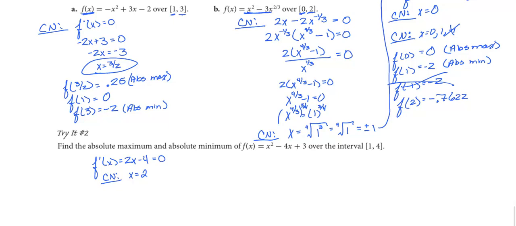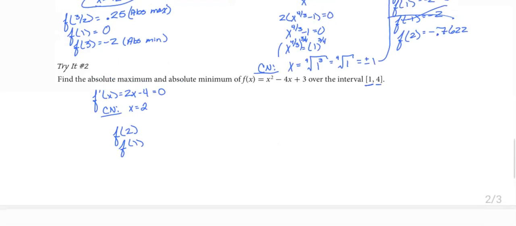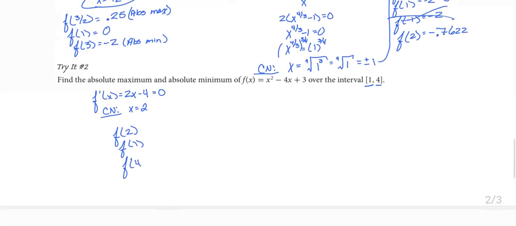So now that we have the critical number, we're going to compare y values. So we're going to plug in the critical number, and then we're going to plug in our endpoints, which are 1 and 4. And remember, to find y values, they're going back into the original function. So again, I'm doing that off screen. So I have x squared minus 4x plus 3.